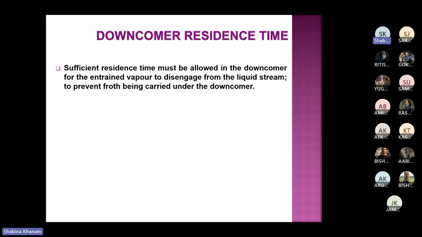So we should not have vapor along with the liquid in the downcomer. Separation is required, and for that separation, the mixture should stay for sufficient time in the downcomer section. That we call sufficient residence time.